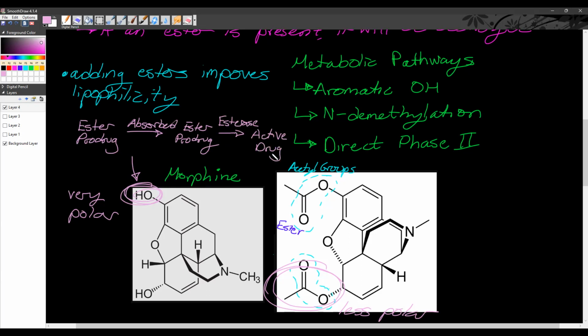So in terms of how drugs are created, why do we add esters to drugs? To increase the absorption, knowing that those ester groups are going to get removed very quickly. Does that make sense?